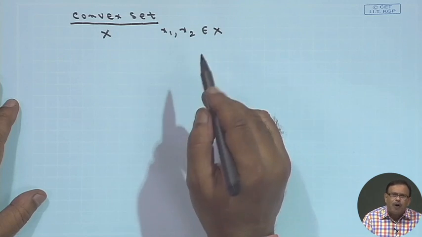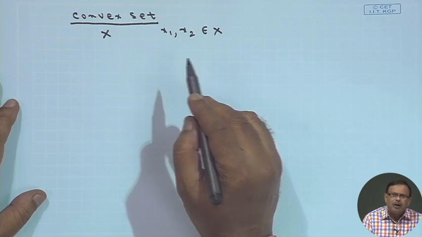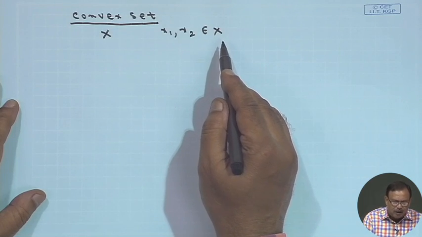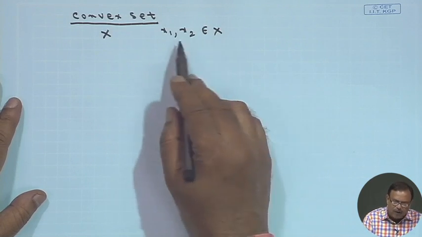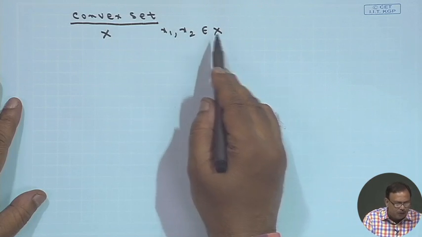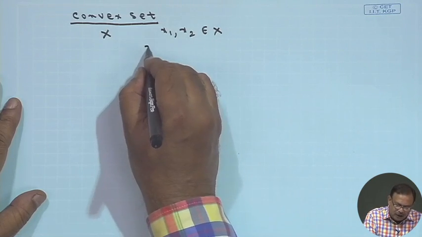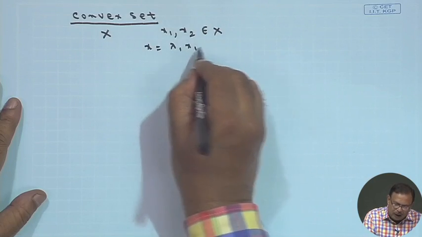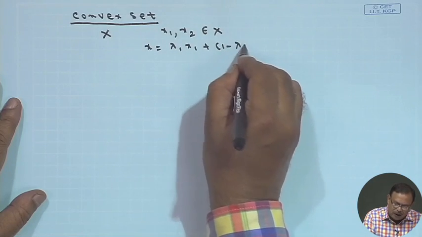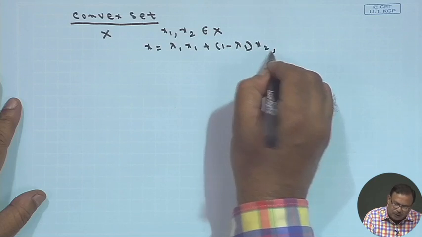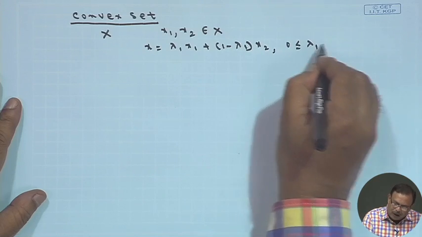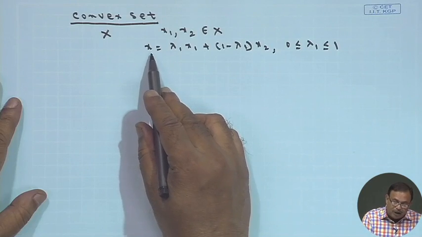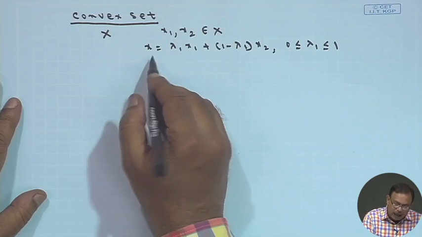That means any point you take on the line segment should also belong to X. Mathematically, if x1, x2 belong to X, then lambda 1 x1 plus 1 minus lambda 1 into x2, where lambda 1 lies between 0 and 1, must be a member of set X.